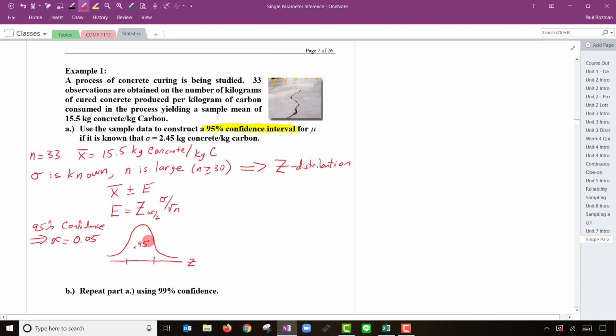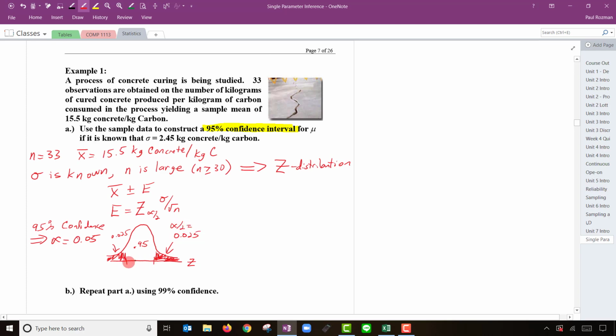We know that the answer is around 2. In fact, it is 1.96. We can look this up, though, in our table. The upper tail has an area of 0.025, and the lower tail has an area of 0.025. That's alpha divided by 2.